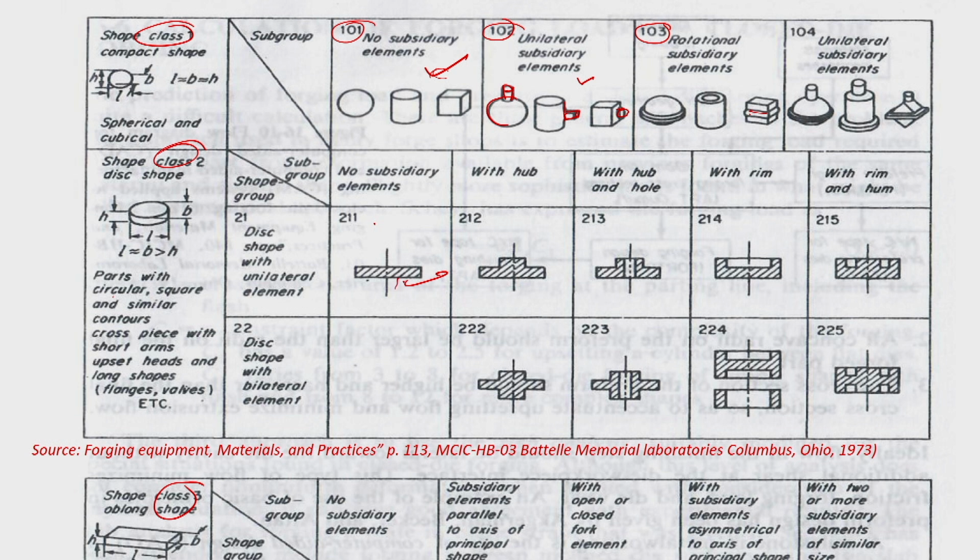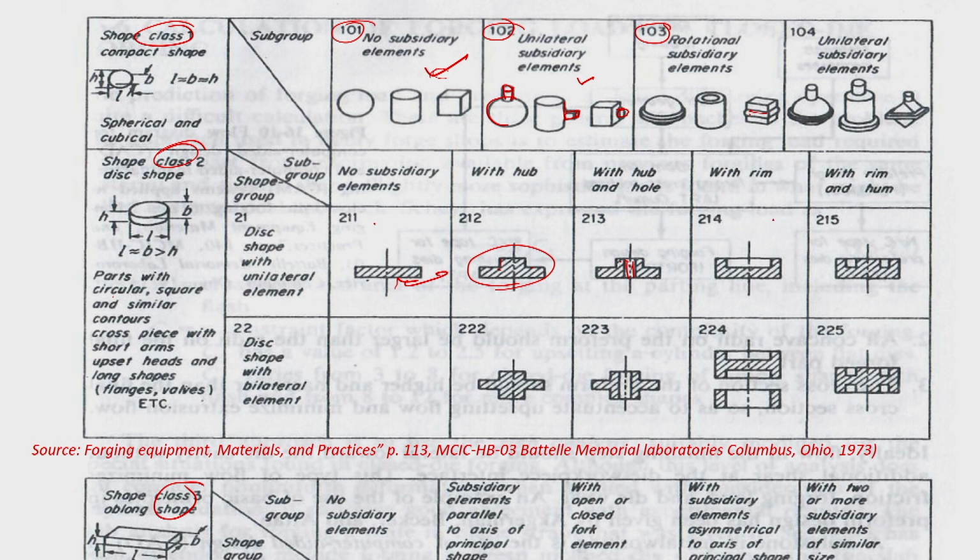Here it is slightly complex, because in one of the parts you have to provide provision for this projection. Similarly, when it comes to a hub which is hollow, the complexity is going to be much higher.